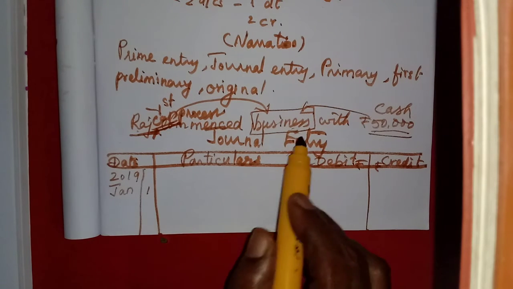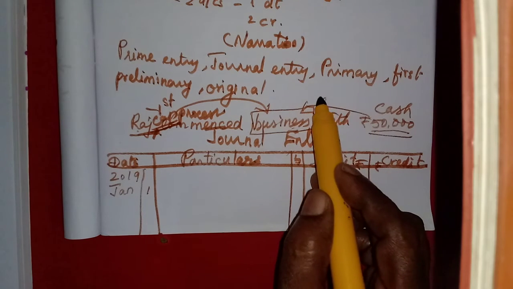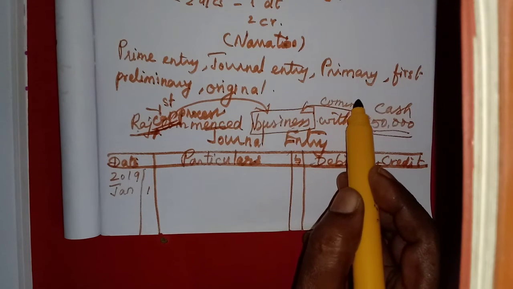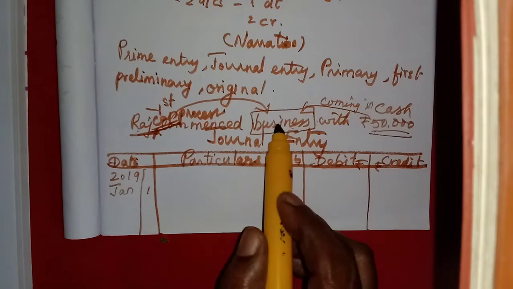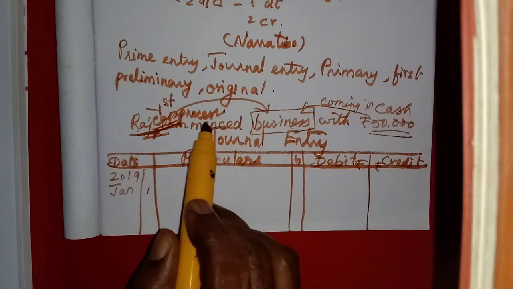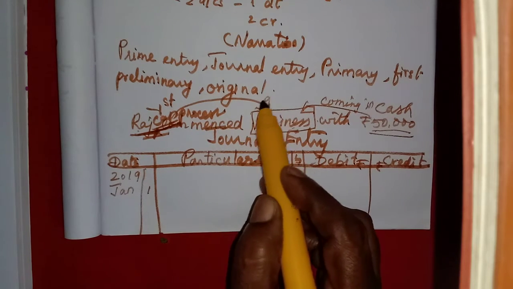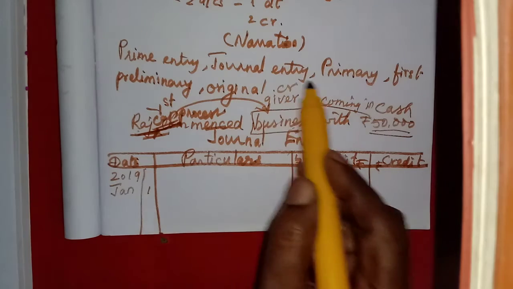Now which one should be debited? For the business, cash is coming in. So what is the rule? Debit what comes in. Here for the personal account, debit the receiver, credit the giver. So he is the giver, so we should credit him.